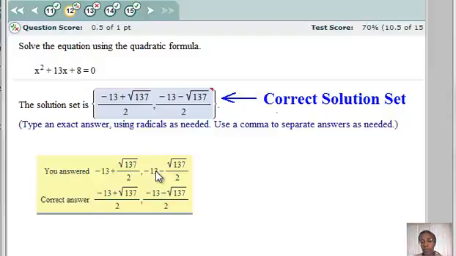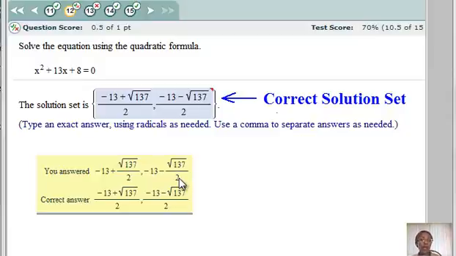is incorrect. And when you look at the correct answer, the difference would be that this correct answer could be written as minus 6.5 plus the square root of 137 over 2, minus 6.5 minus the square root of 137 over 2.